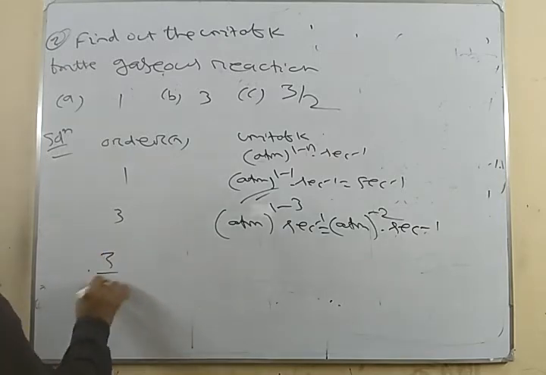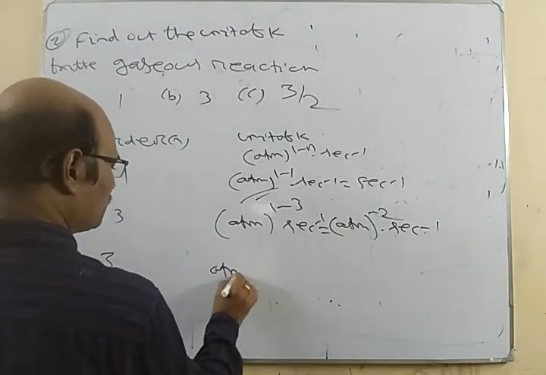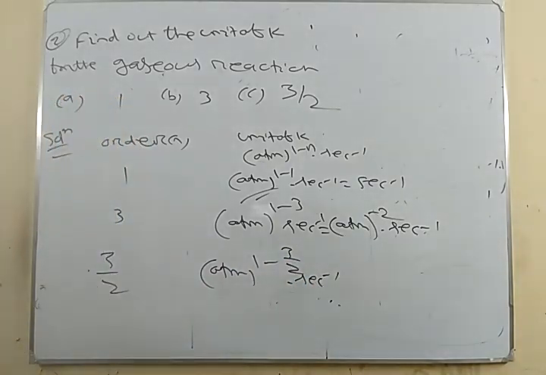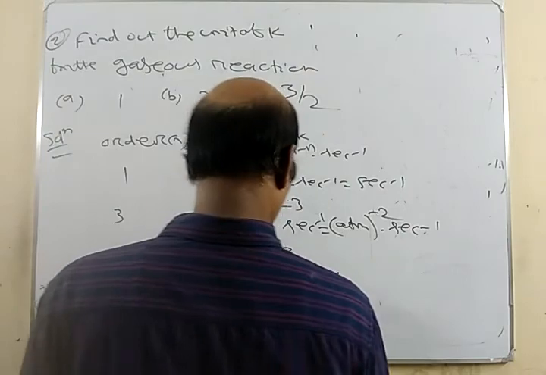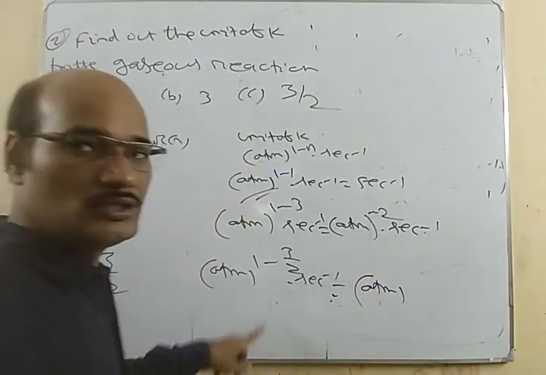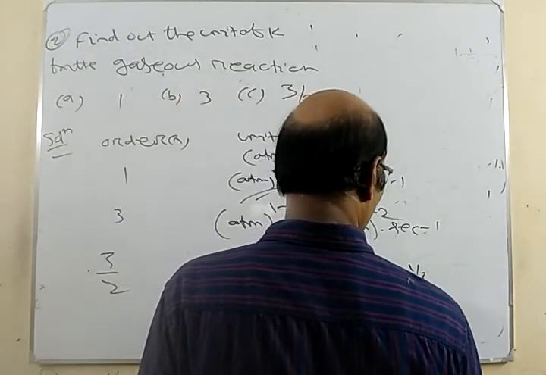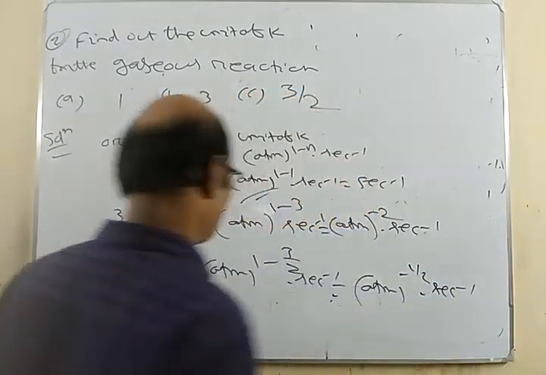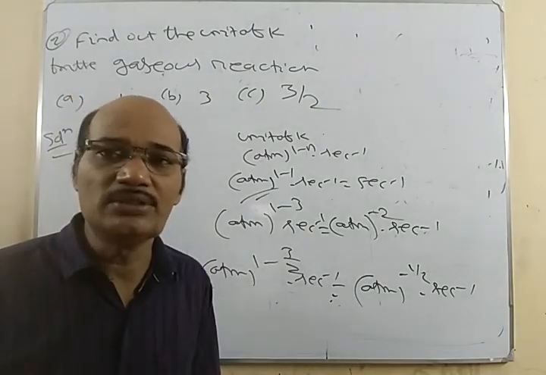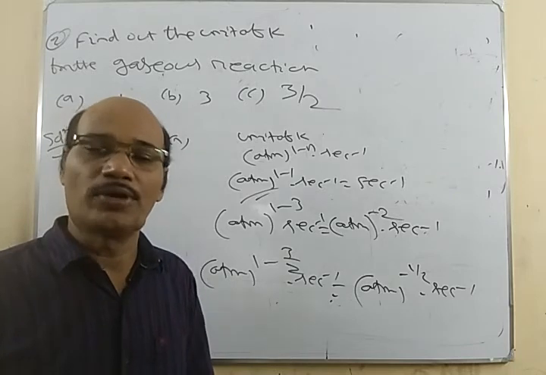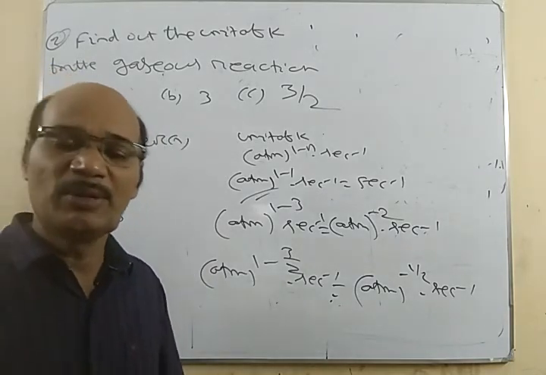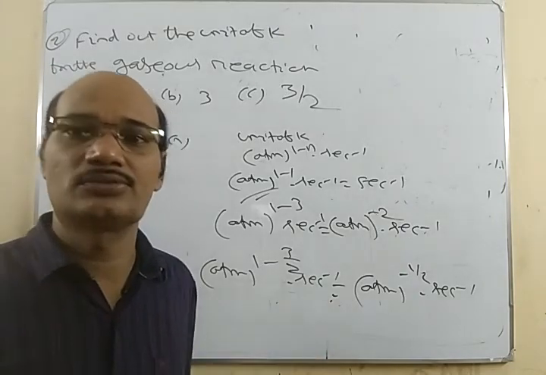For 3 by 2: atmosphere power 1 minus 3 by 2 into second inverse, that is atmosphere power minus 1 by 2 second inverse. So these are the ways you can find the unit of the rate constant for first order, 0 order, second order, third order, and even fractional order reactions.